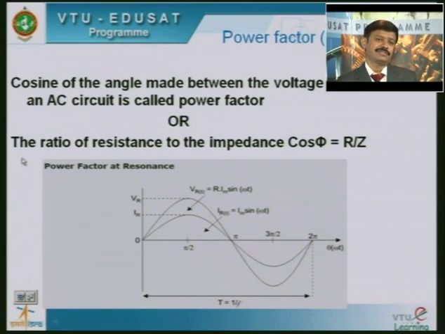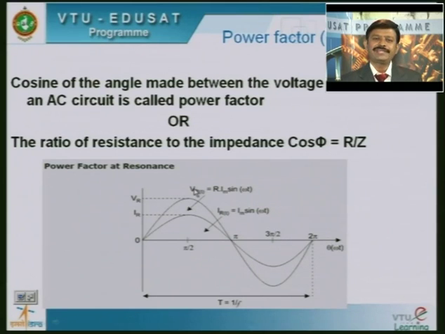Another definition is the ratio of resistance to the impedance is also called the power factor. See, in this waveform, one is the voltage expression, another one is the current expression. Voltage can be written as Vm sin theta, where theta is replaced by omega t, and I is equal to Im sin theta.